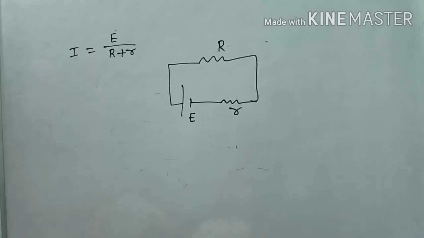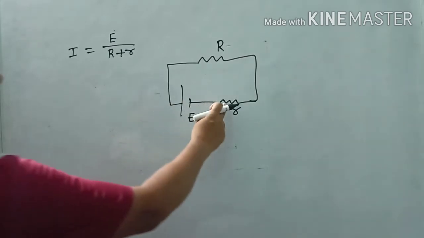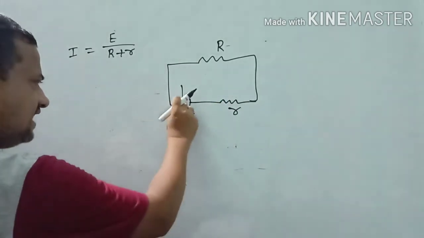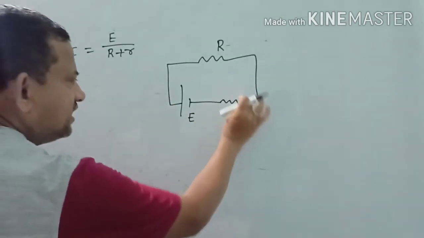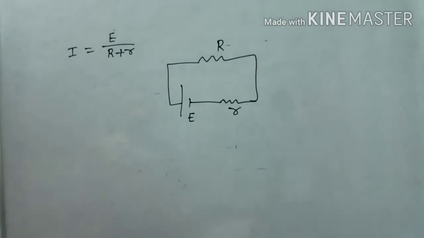But for calculation point of view, if this is ideal cell, its internal resistance will be 0. But in this case, I consider small r as internal resistance. One says that internal resistance will be within the cell, yes. But that is shown here, though it is inside this cell, but it is shown here for clarity.